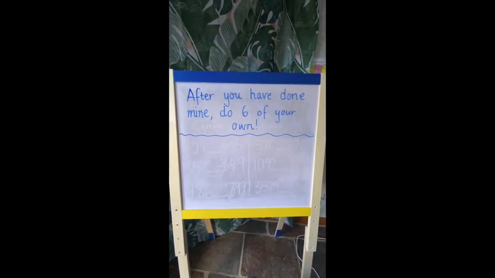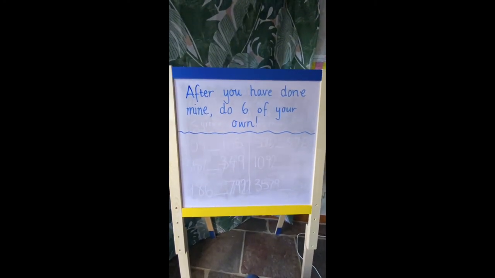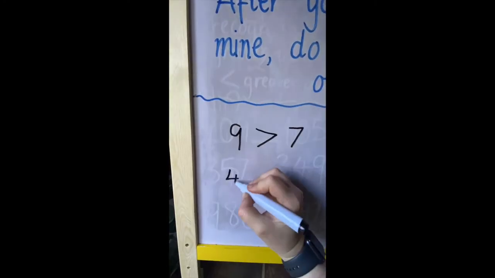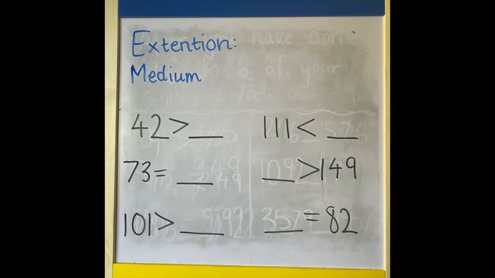After you've done mine, do 6 of your own. If you want to challenge yourself, have a go at doing these ones too. Fill in the blanks to make sure that the equals or greater than and less than sign is correct.